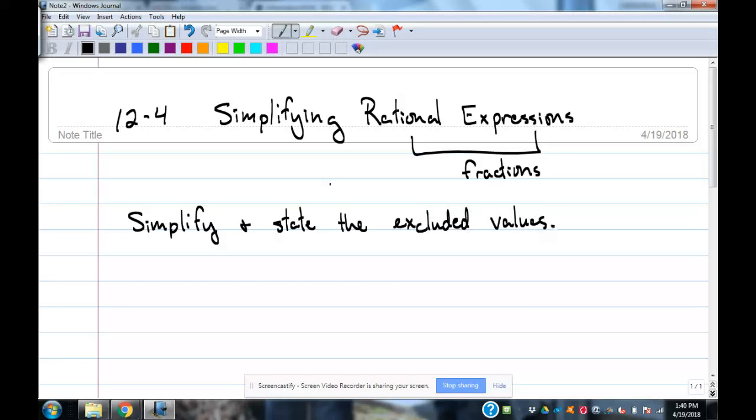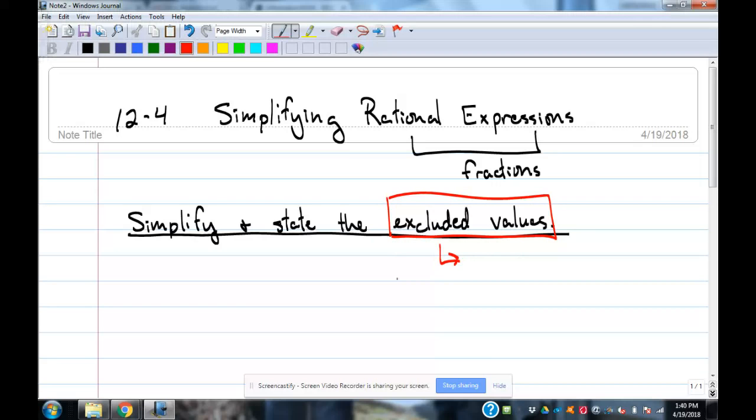So when you're doing that, it'll say simplify first and then say state the excluded values. What we want to do is state the excluded values first, before we simplify, because sometimes if we do simplify, we lose part of the things that make excluded values. So we want to simplify last, after we found the excluded values.